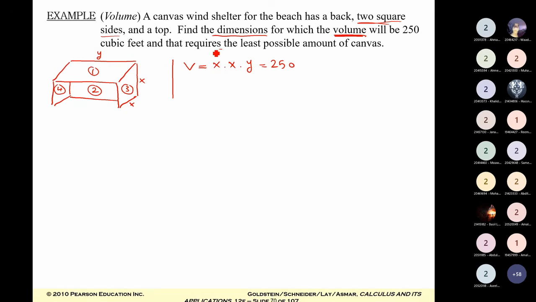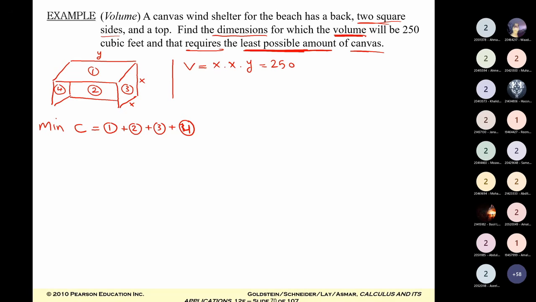And that require the least possible، يعني أقل ما يمكن من كمية الكنفاس القماش. إذا بدنا least يعني minimum من القماش. So the canvas used for this tent from 4 sides: top plus back plus side plus another side number 4.